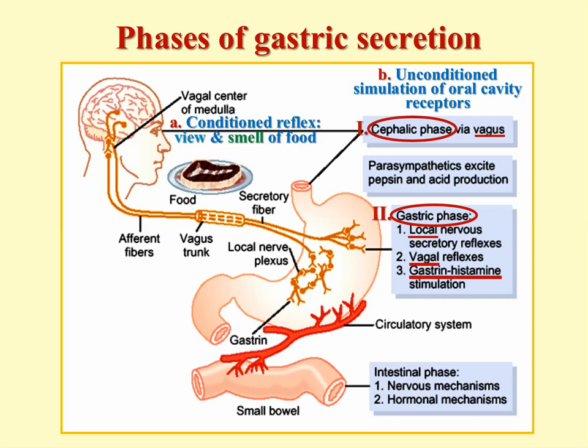Gastrin is secreted when the first pieces of food come to the pylorus, where there is mechanical stimulation, stretching, and additionally the presence of protein degradation products like peptides or even some amino acids. These factors activate gastrin secretion, and gastrin increases the secretion of acid in the body of the stomach.